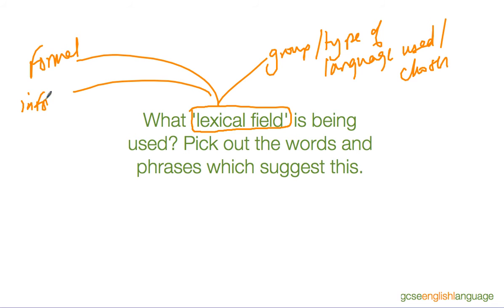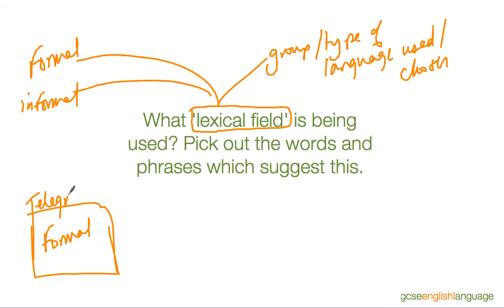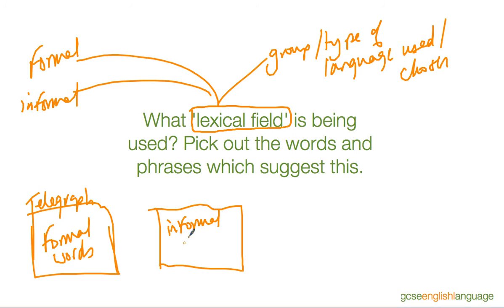Just think of it like a field, like a field with a fence around it, and you might have formal language for a publication like the Telegraph, and you might have more informal, slangy, vernacular words in a publication like the Sun. So it's literally the words that the writer chooses from that is the lexical field.